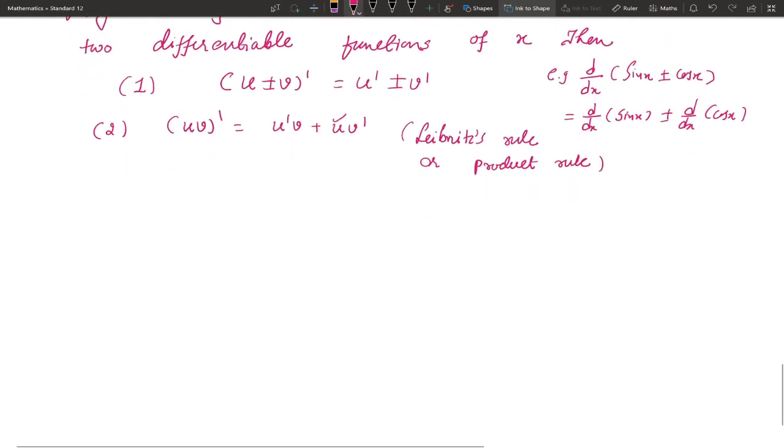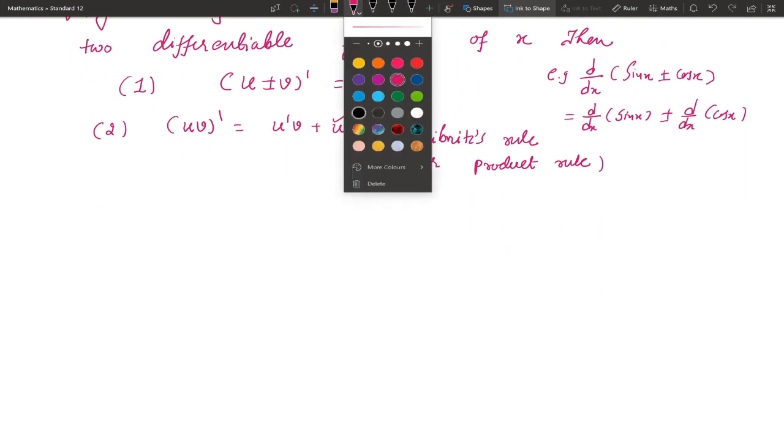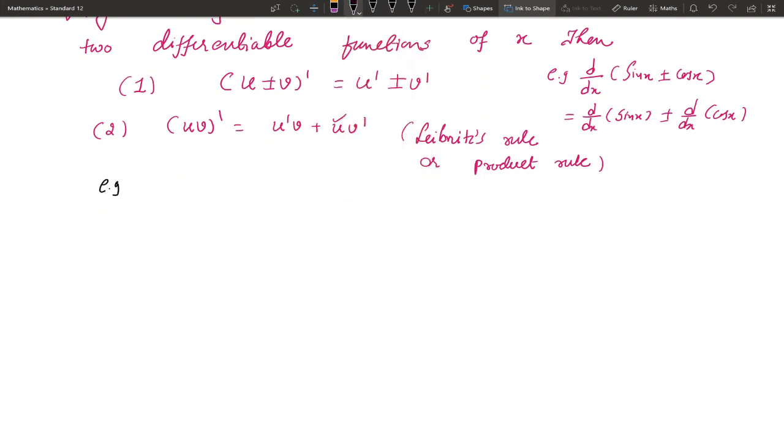As for example, suppose d by dx of x into sin x. Consider this one as u, this one as v. So you can remember it as u into derivative of v plus v into derivative of u. In short, u, that is x, or first into derivative of second plus second into derivative of first function.